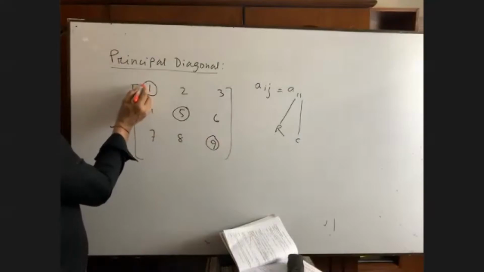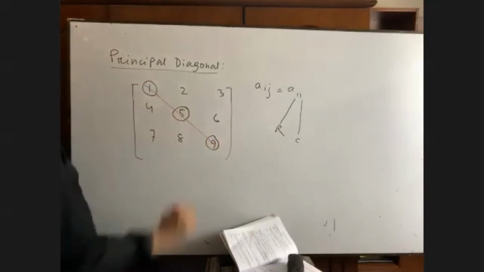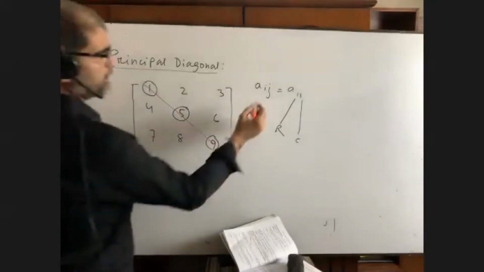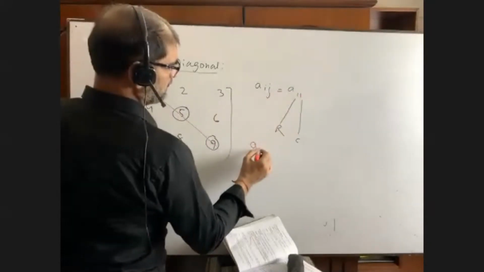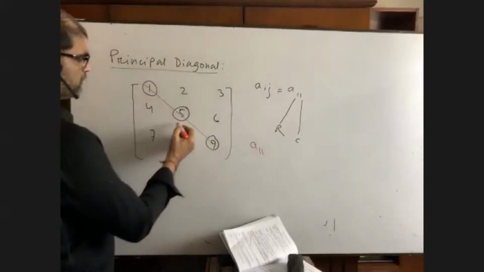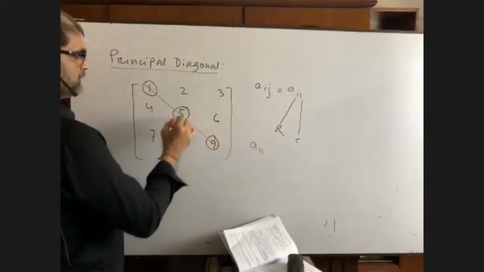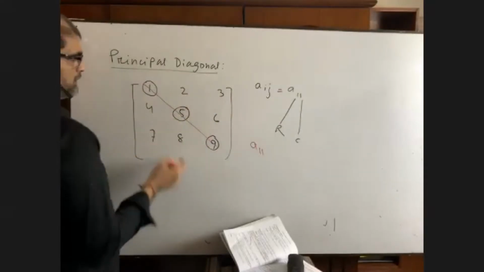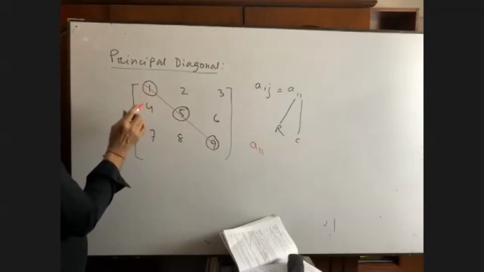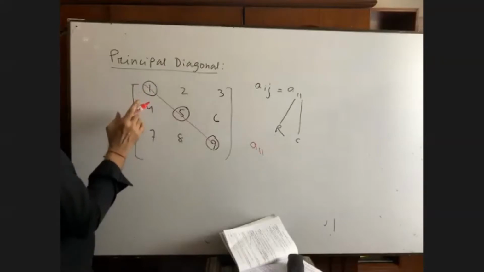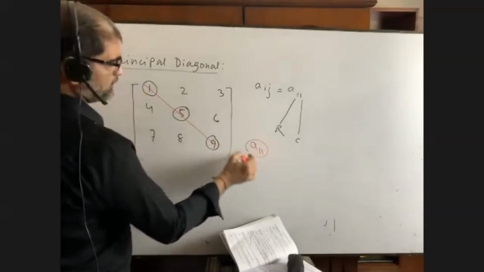Principal diagonal. If I draw a straight line which starts from A11, first row, first column. Some of you may say we can draw it from here also, but no, it is 3-1. The straight line is to be drawn starting from A11.